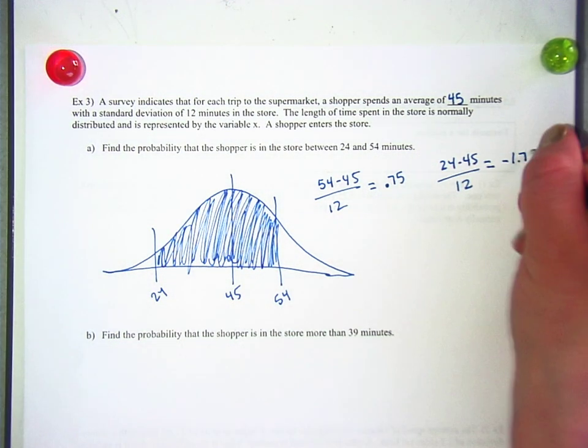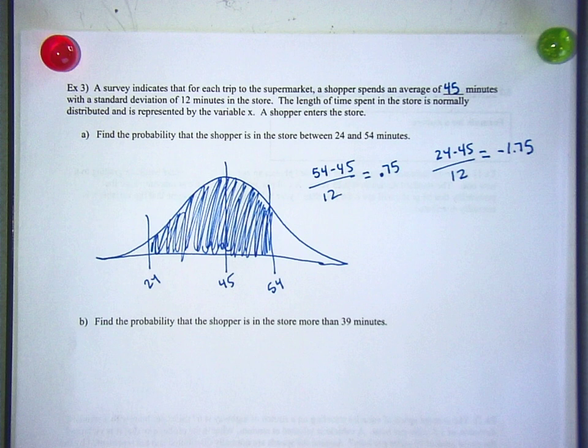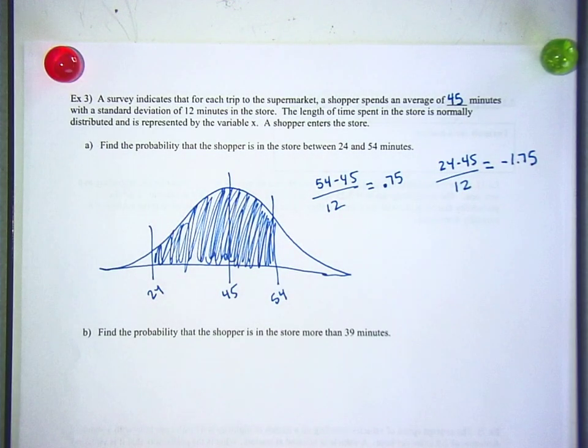All right, so now we got two z-scores. So now what? How do you find the area between two z-scores? Oh, subtract them? You have to look up the areas and then subtract the areas. You can't subtract the z-scores themselves. You have to subtract the areas.